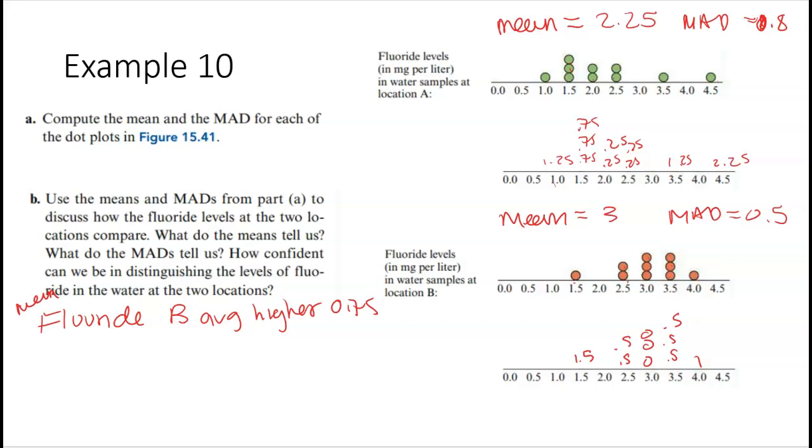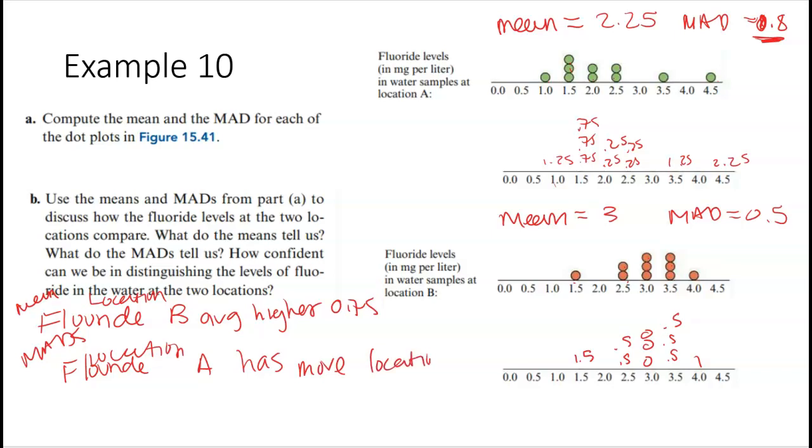Let's compare the MADs. What has more variation? Well, this is a greater MAD. So location A has more variation than location B because the MAD is higher.